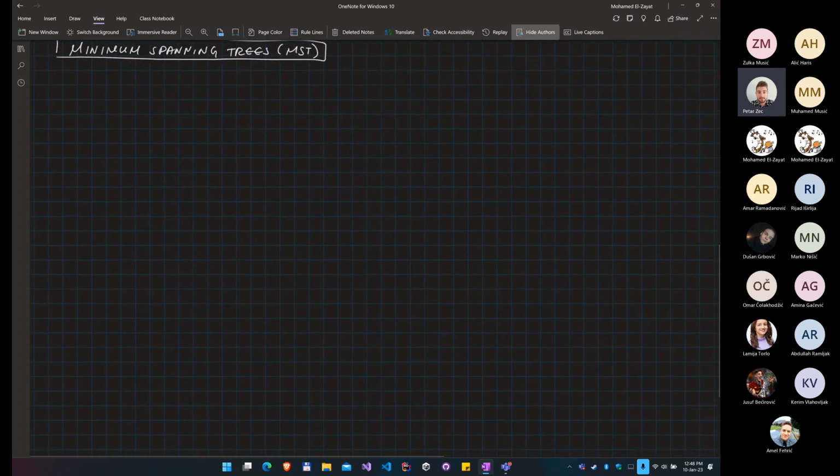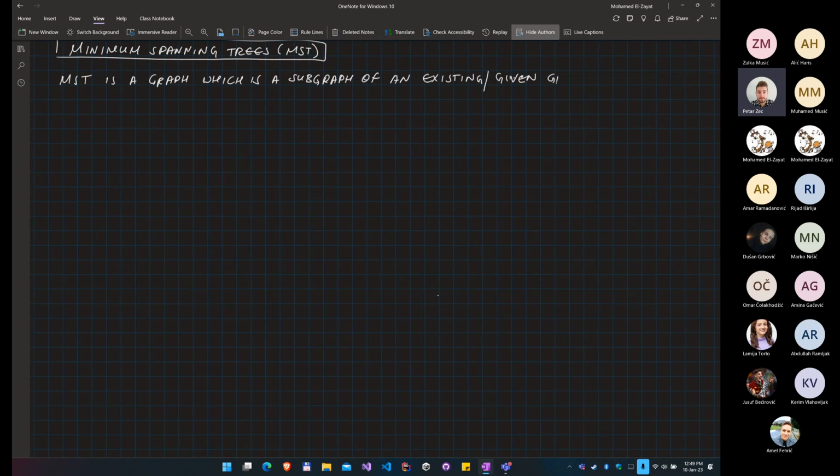Now, a minimum spanning tree, or MST rather, is a graph which is a subgraph of an existing or given graph.